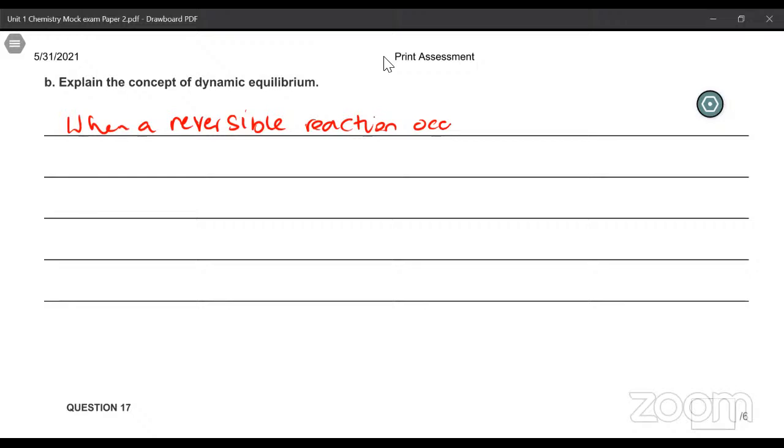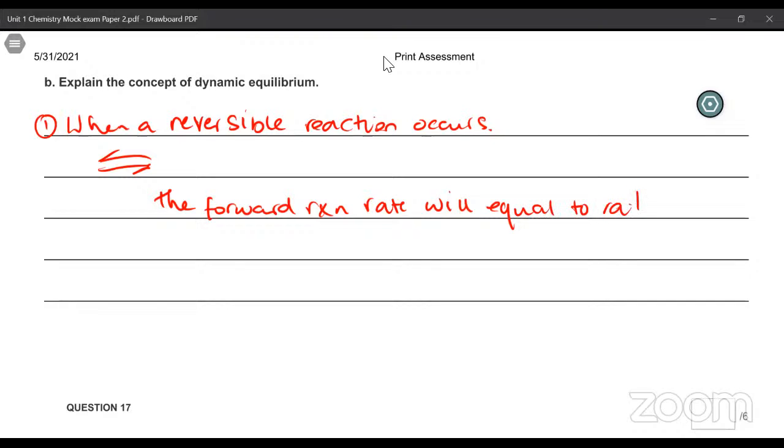Another characteristic is that once you have an equilibrium established, which you'll find by these 2 arrows, the rate of the forward reaction will be equal to the rate of the backward, or reversible, reaction. And that's all there is to it for dynamic equilibrium.